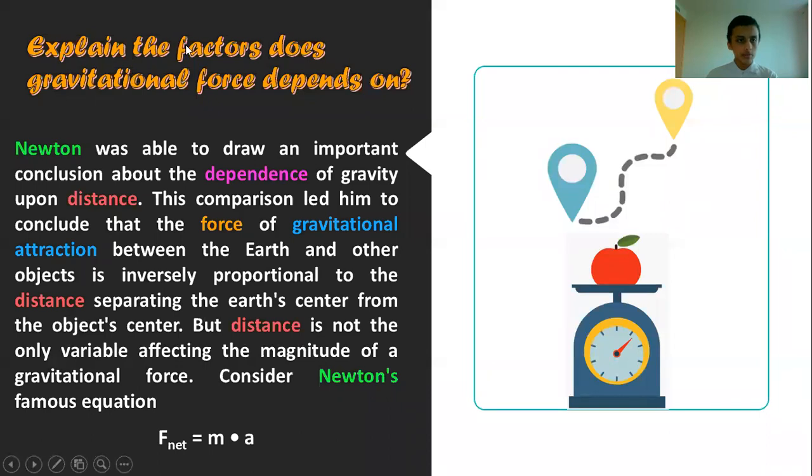Third question: explain the factors that gravitational force depends on. Gravitational force, as we said before, depends on two factors, which are the mass and distance.